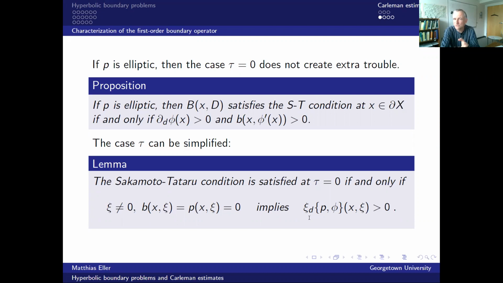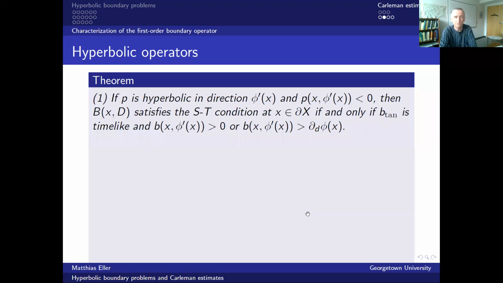This is a condition which is essentially already invariant, because I can express it also in terms of a symbol. So I wouldn't even need the special choice of coordinates. Yeah, so that's actually quite useful. Whereas for the formulation, it's probably really better to use specially chosen coordinates for the definition of the Sakamoto-Tataru condition.